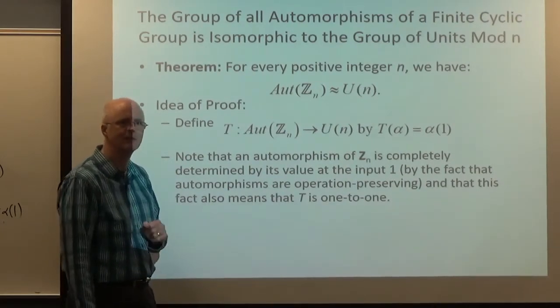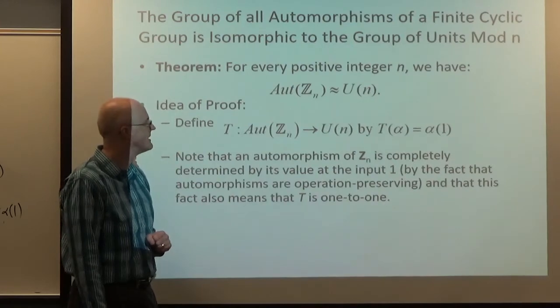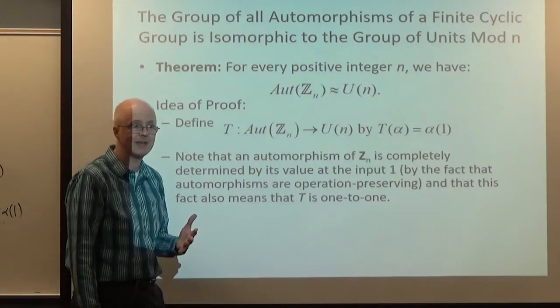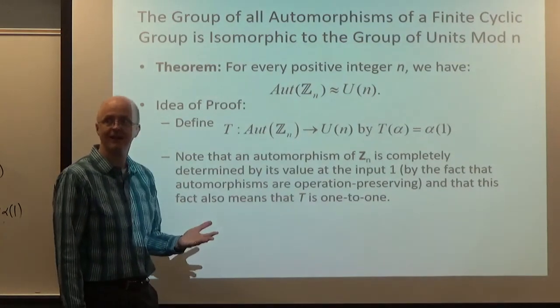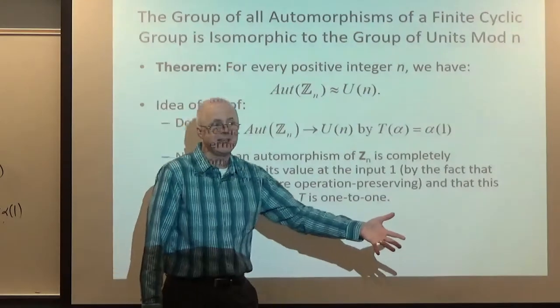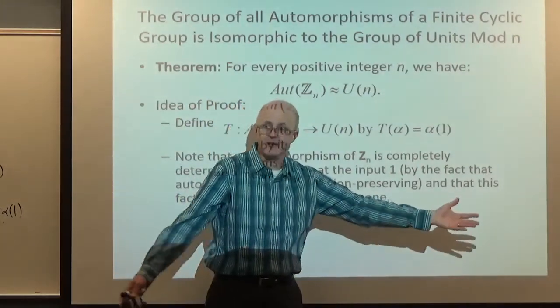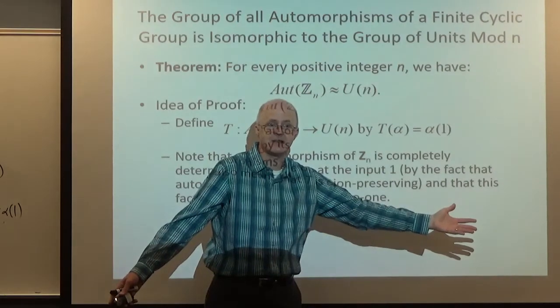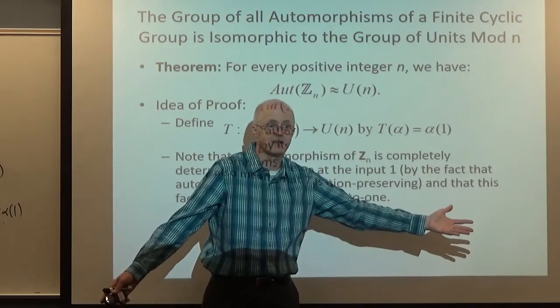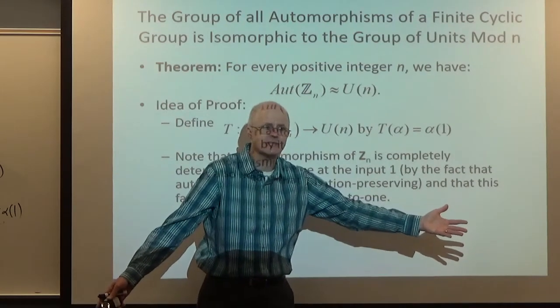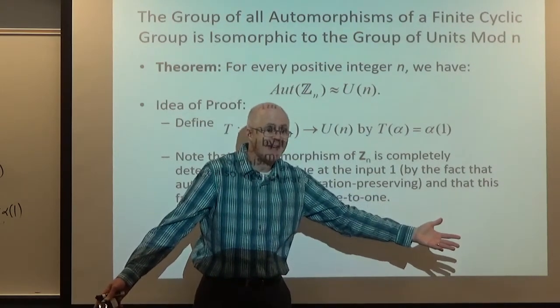Well, here's a quick explanation. 1 is a generator of Zn. It's got order n. Alpha, being an automorphism and also an isomorphism, has to map 1 to something else that has order n as well in Zn. It's got to be a generator of Zn. And the generators of Zn are relatively prime to n.